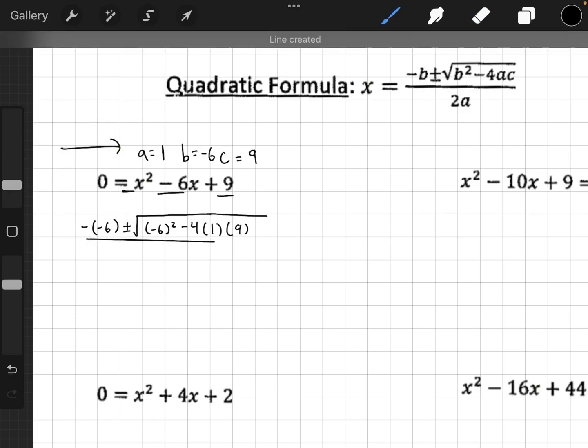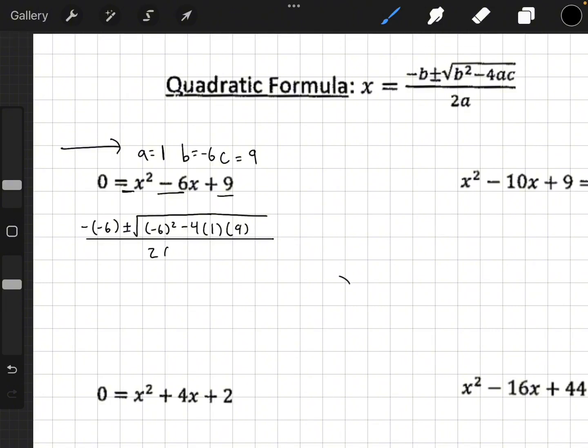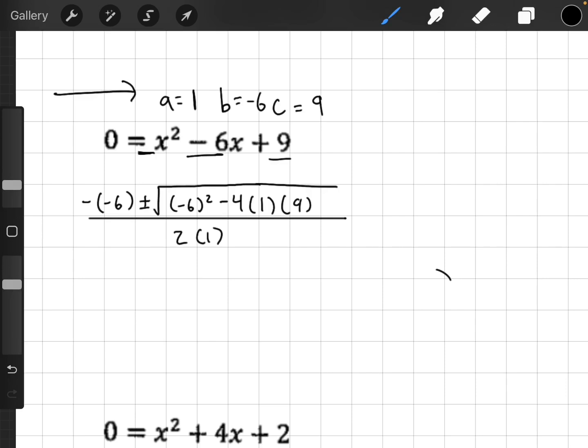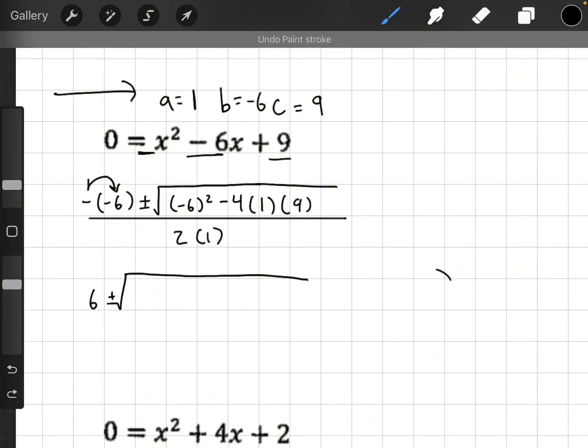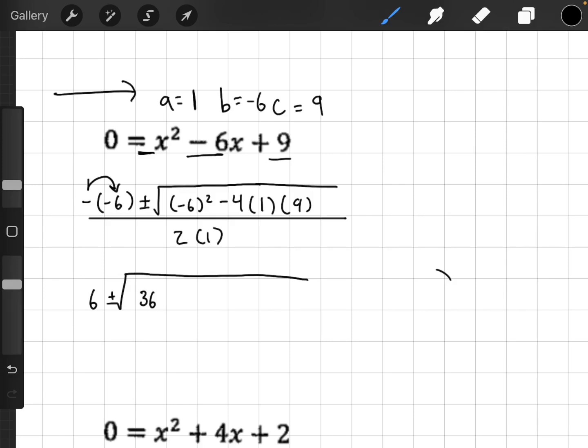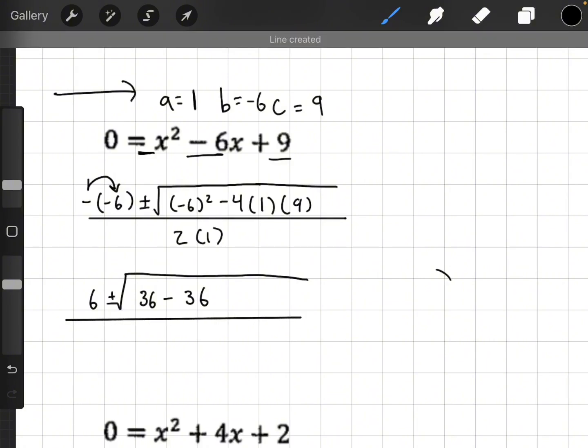We'll divide this over 2 times a. So this negative times a negative is a positive, so we'll have 6 plus or minus the square root. Negative 6 squared is positive 36 minus 4 times 1 times 9, which is 36. 2 times 1 on the denominator is just 2.